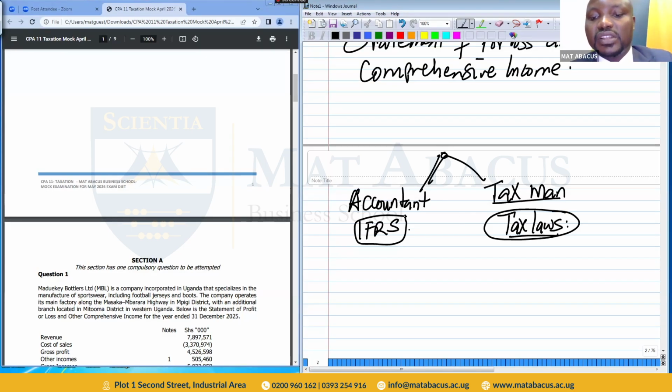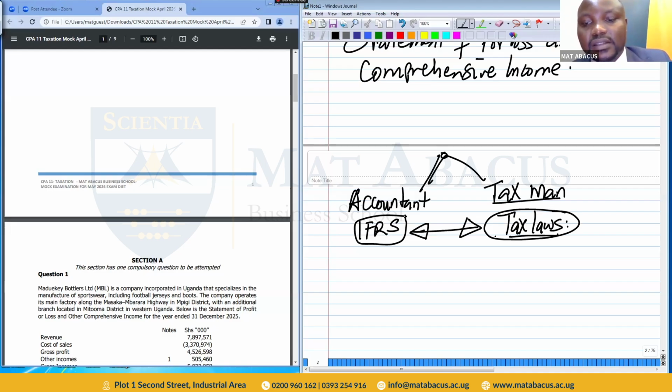So there is always a conflict between these two, because the recognition of incomes, expenses, and other elements of the financial statements is different from how the taxman expects them to be.